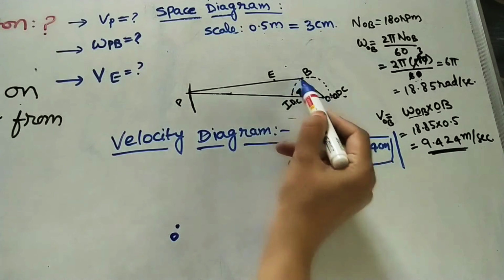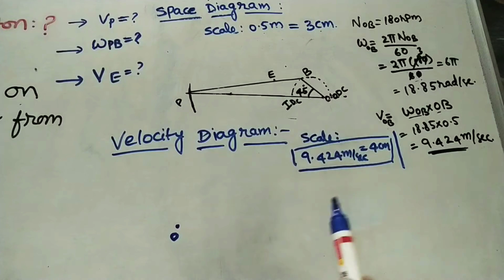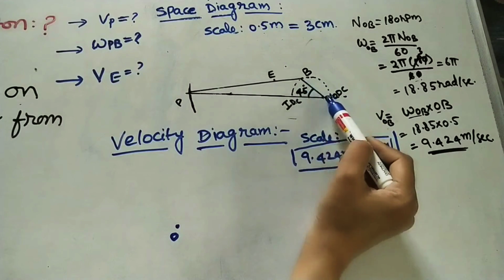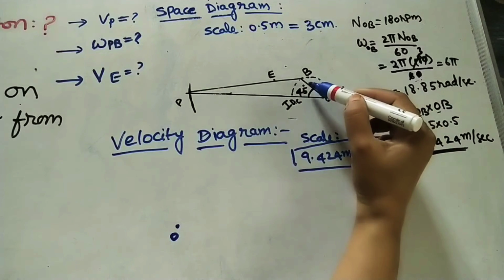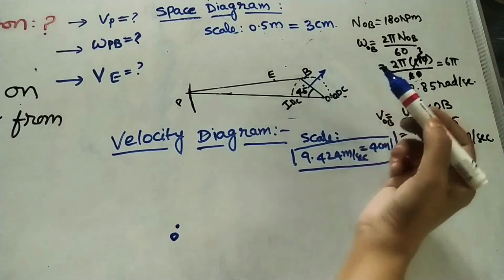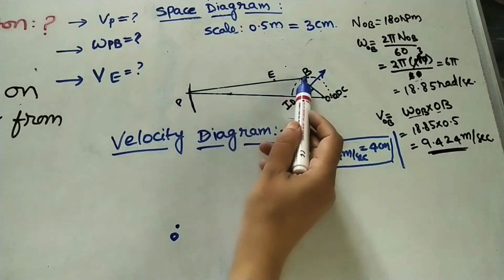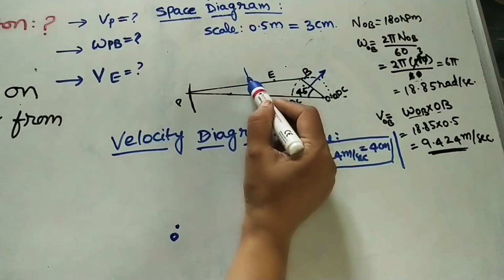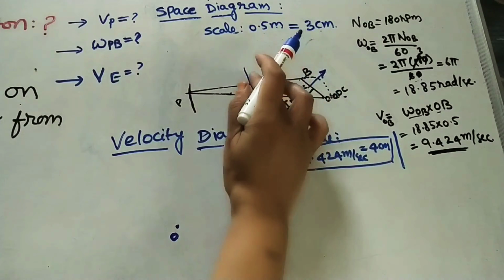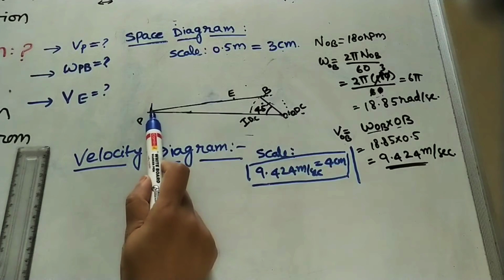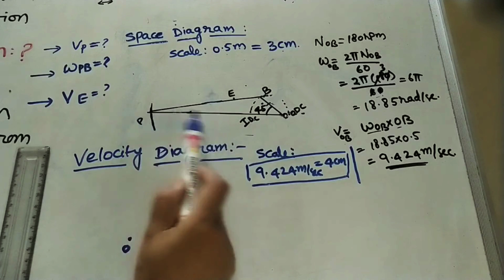OB velocity, we know the linear velocity. Always remember, velocities are perpendicular to the position of the given link. The velocity of OB is perpendicular to it, like this. At the P point it is like this. Similarly, the linear velocity of BP is perpendicular to it; perpendicular means 90 degrees. Then the slider velocity is always horizontal.